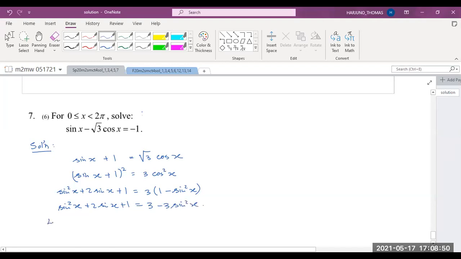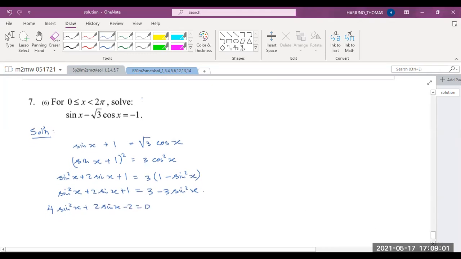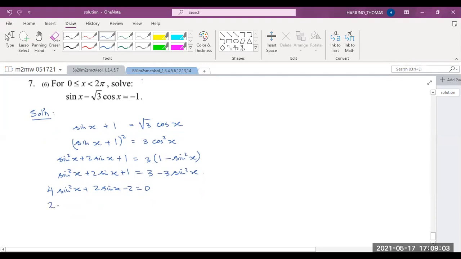So we get 4 sine squared x plus 2 sine x minus 2 equals 0. Reduced by 2. Oh, it is factorable. Okay, so it will be 2 sine x minus 1 times sine x plus 1.